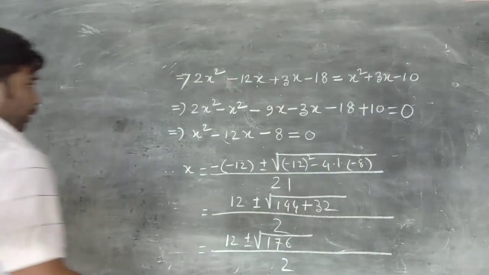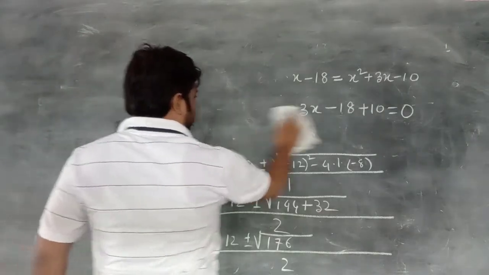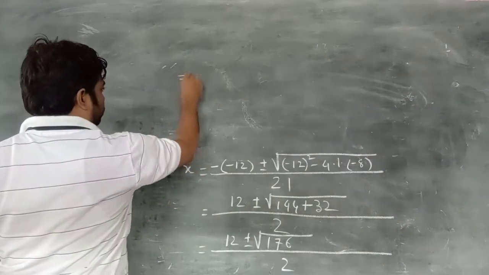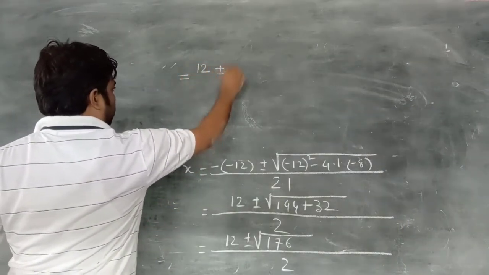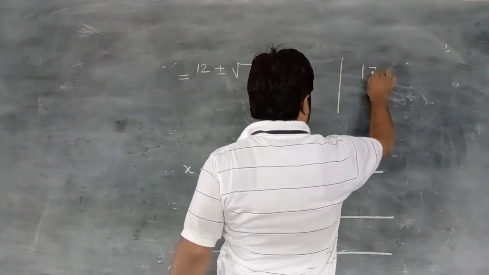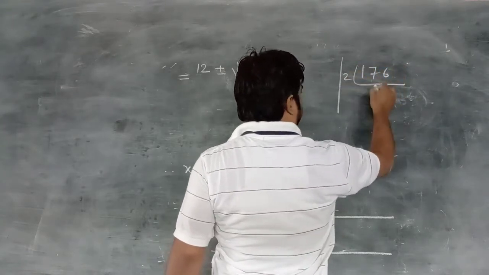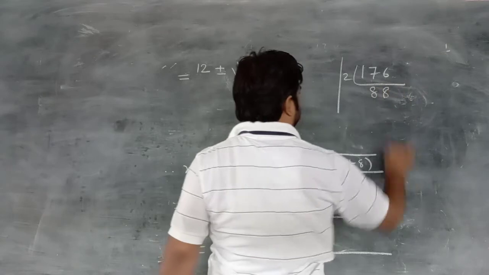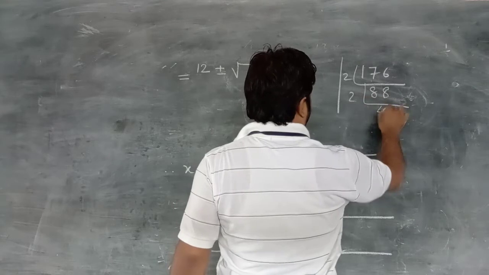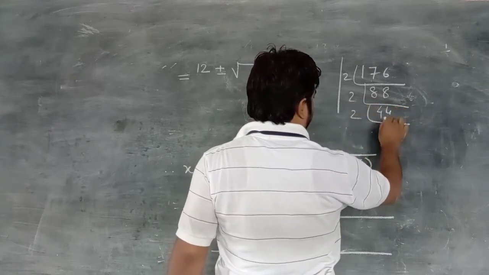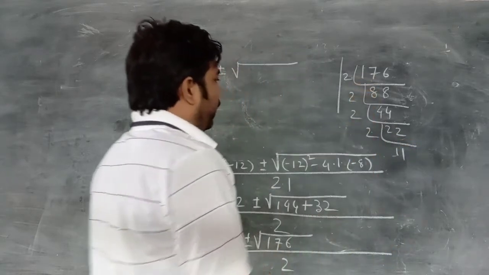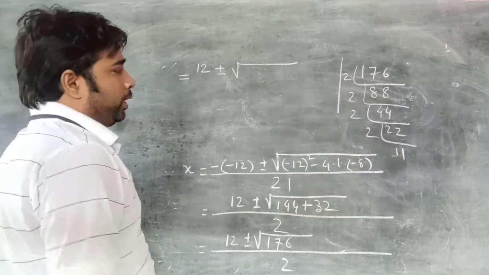Now if we further simplify this part, you see what we shall get here. This is 12 plus minus. If we find the factors of 176, what shall we get here? 2, 88, 2, 44, again you can divide it by 2, so this is 22. This is 11. So 2 to the 4, 16 into 11 is 176.